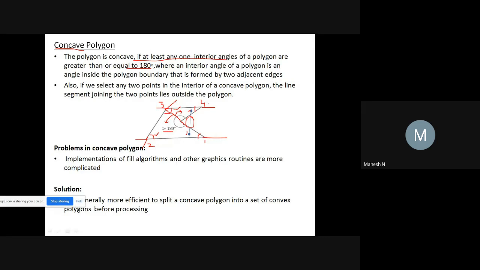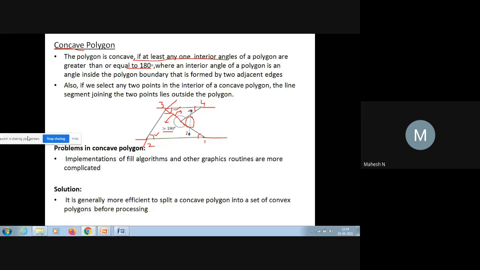Whenever this happens, we call such polygons concave polygons. So, three properties again. If any one of the angles between two edges crosses 180 degrees, then it is a concave polygon. If I take any two vertices inside the polygon and draw a line between those two points, a part of the line will be outside the polygon.